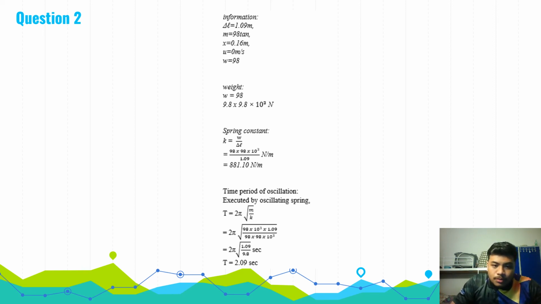So T equals 2 pi square root of 9.8 times 10 to the power of 3 times 1.09 divided by 9.8 times 9.8 times 10 to the power of 3, which gives 2 pi times the square root of 1.09 divided by 9.8 seconds, and we know that the time period is 2.09 seconds.